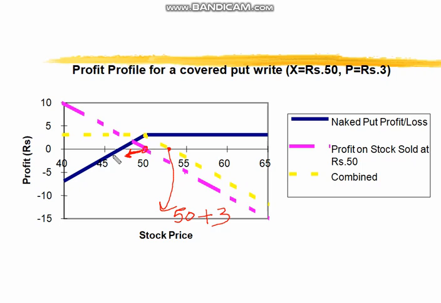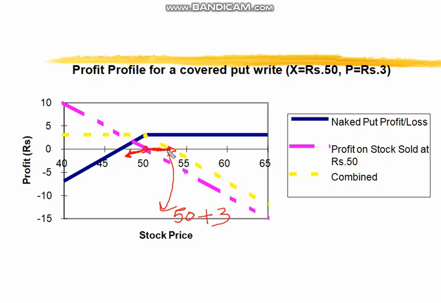So he wants to enjoy the amount of premium from the short put position. Also, if he clubs the short position with a short put position, he is able to move his break even point from this point to this point. That is, the price will have to be on the higher side, right? So he is able to safeguard himself up to a certain extent, right?